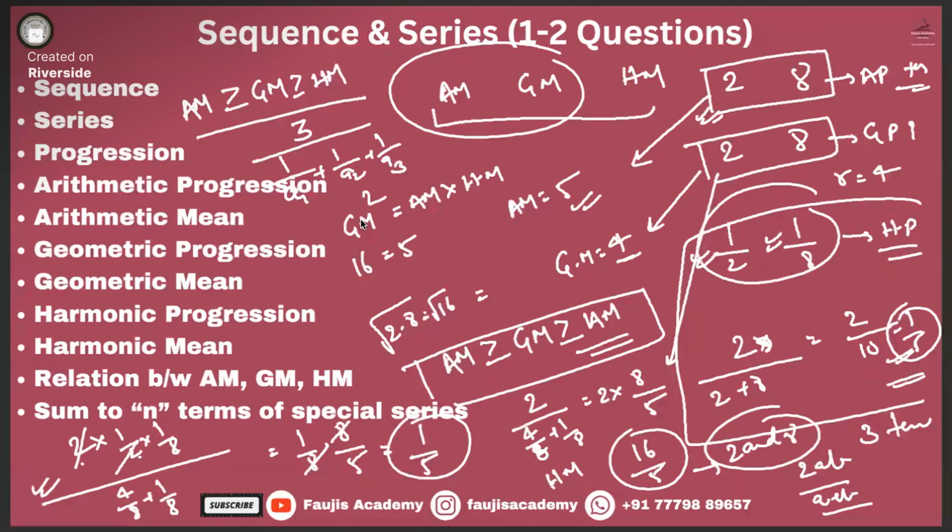And what have we talked about? GM square is equal to AM into HM. So where is your AM? AM is your 5.